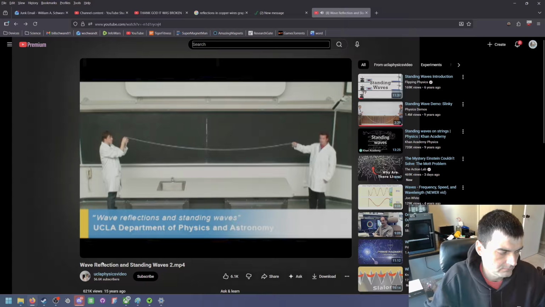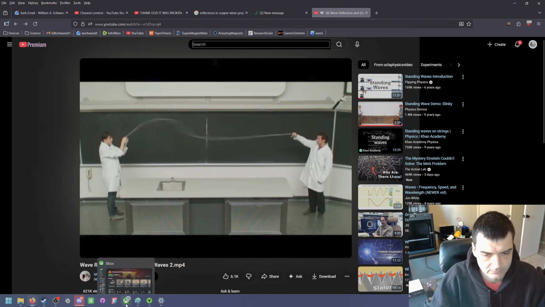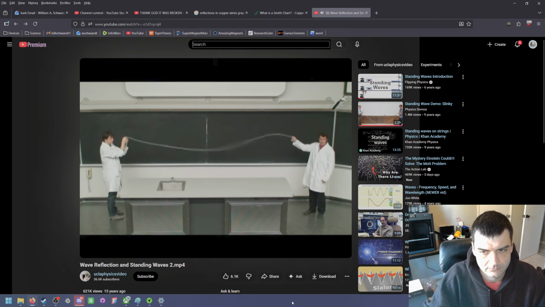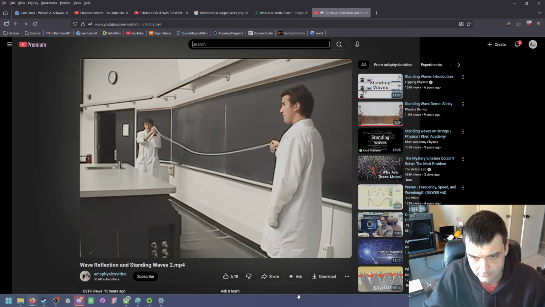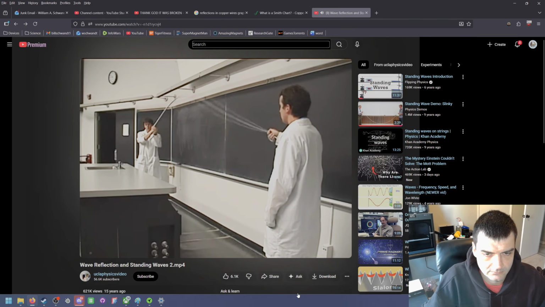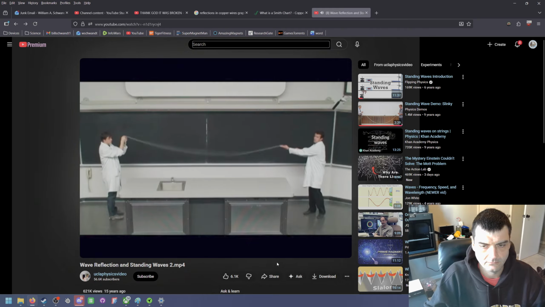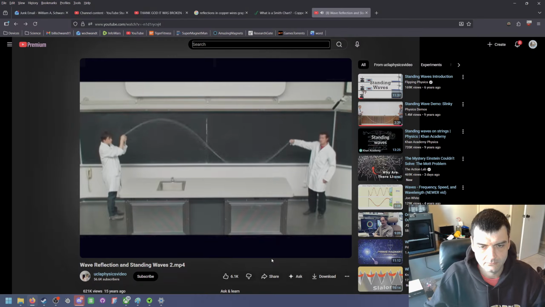Standing waves are a result of reflection and interference. As I send a single pulse down to this fixed end, you can see that it reflects upside down on itself. If I send a rhythmic pulse, it reflects on itself. This is the fundamental mode. Sending the pulse at twice the frequency results in the second harmonic.